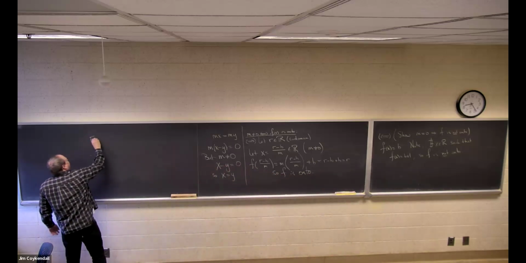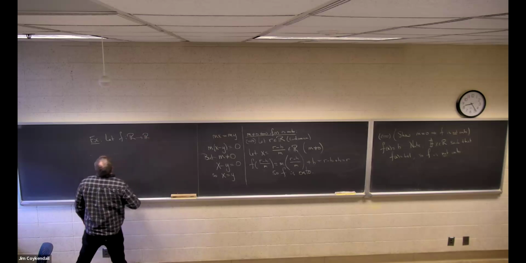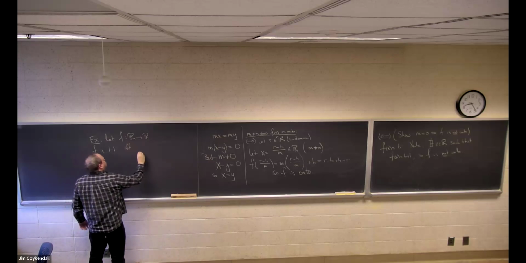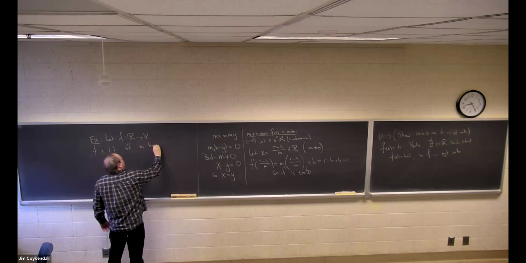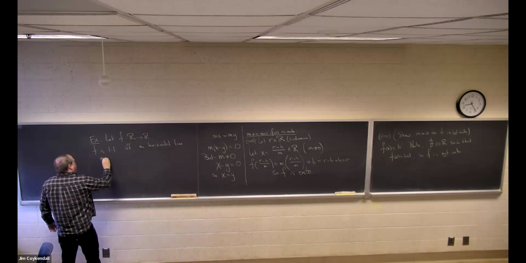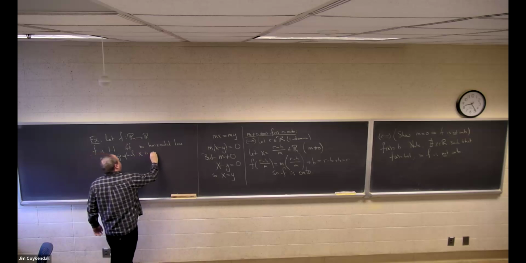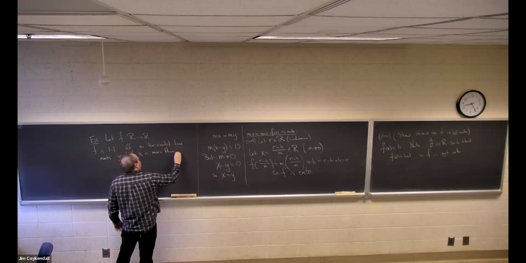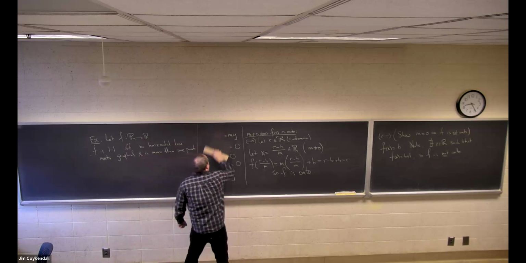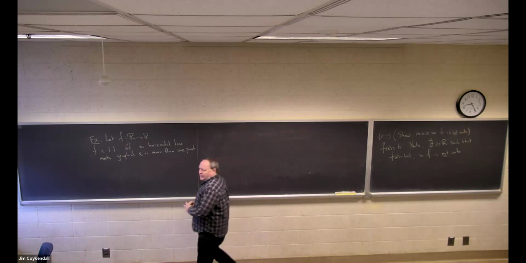So here's another example. f is one-to-one if and only if no horizontal line meets the graph of f of x in more than one point.